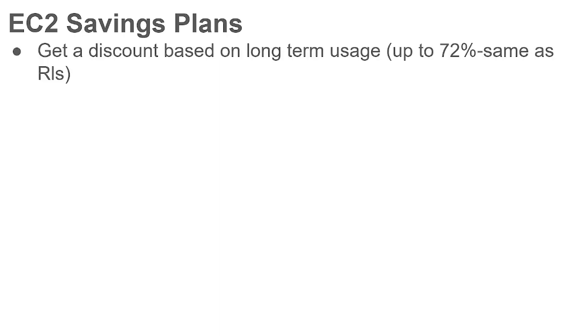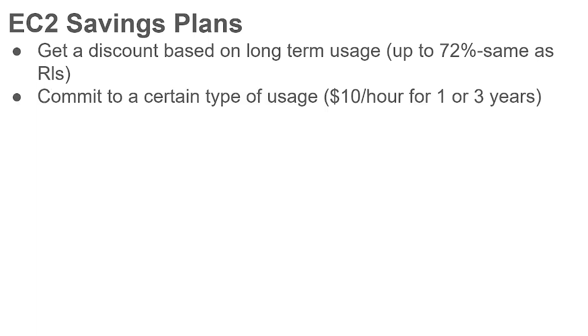Next is EC2 Savings Plan. You get a discount based on long-term usage up to 72%, same as RIs, okay, reserved instances. Commit to a certain type of usage, $10 per hour for 1 or 3 years.